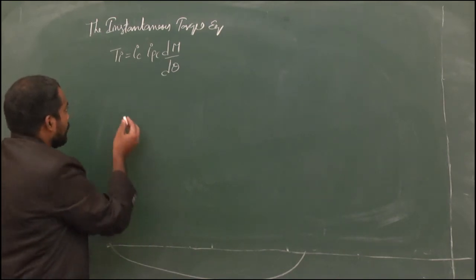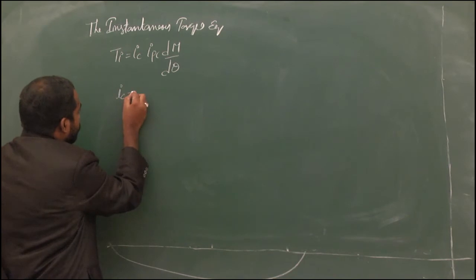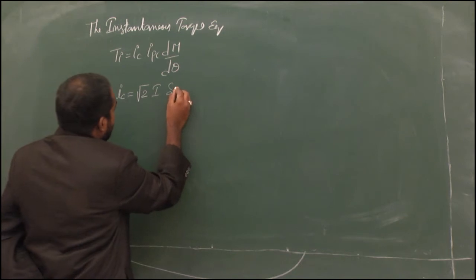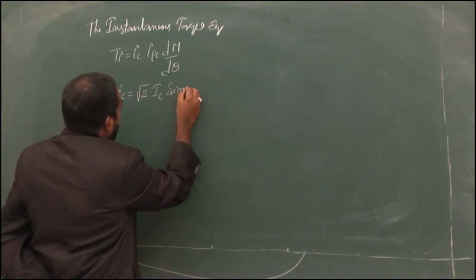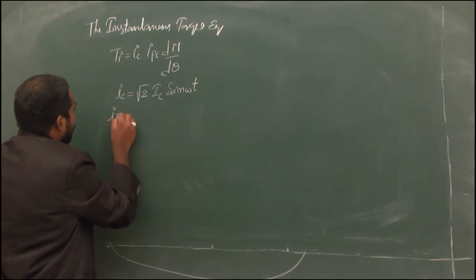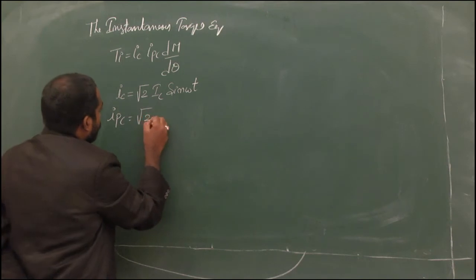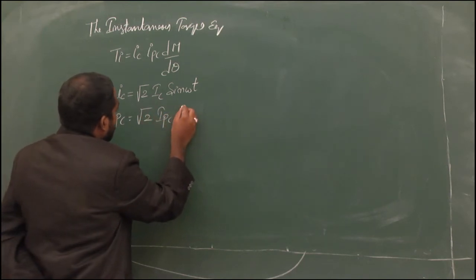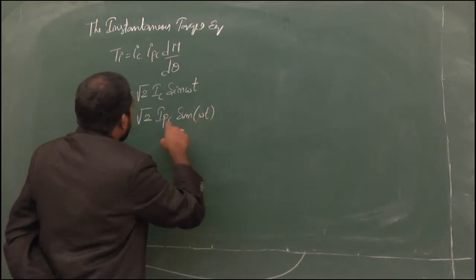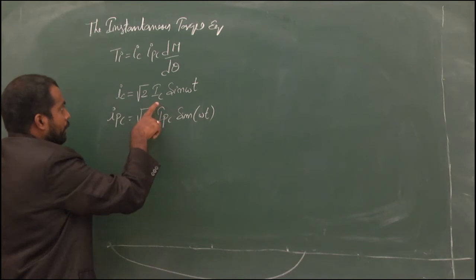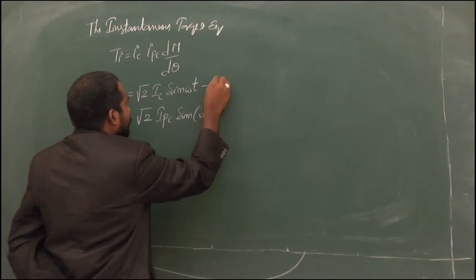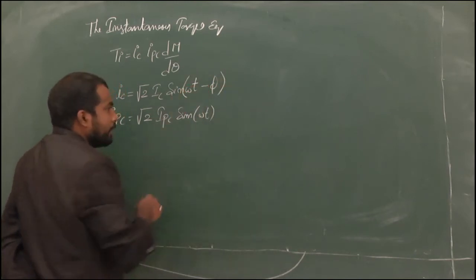Now as we all know, IC is equal to root 2 IC sin omega t, and similarly IPC is equal to root 2 IPC sin omega t, right? But there is a phase angle difference in the current through current coil, so it is root 2 IC sin omega t minus phi.